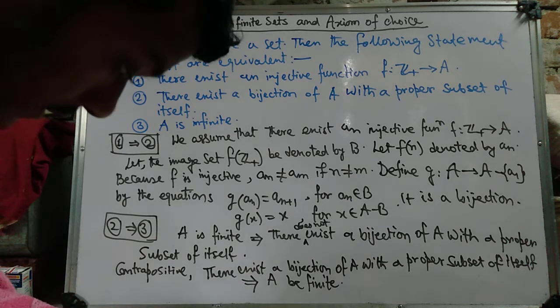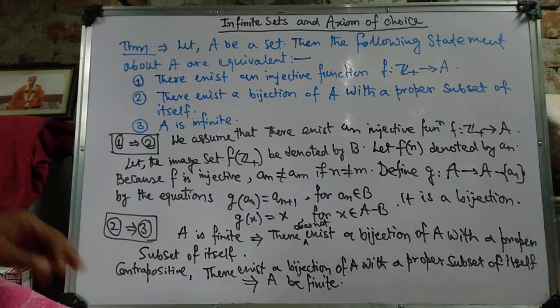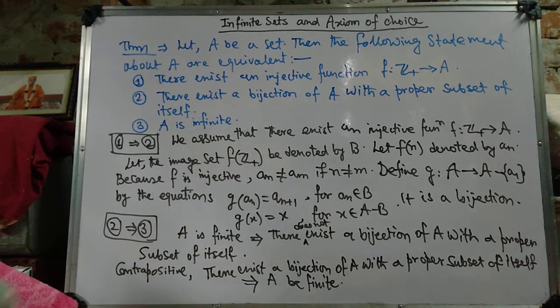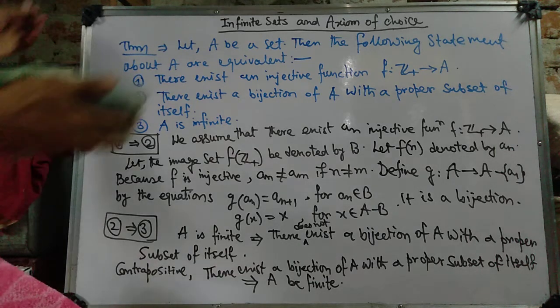Okay. Next, 3 implies 1. That means A is infinite implies there exists an injective function f from Z plus to A.